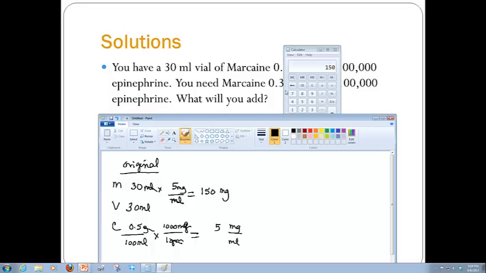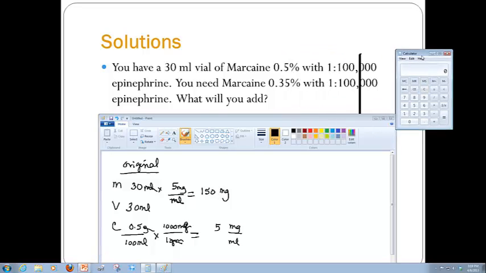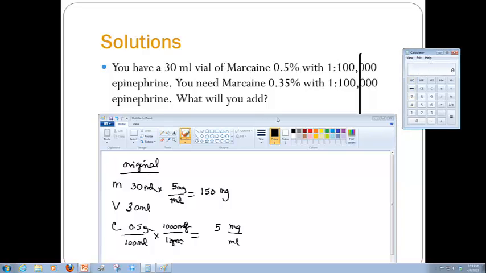Now you go up and look at what the question is asking. The question is asking, you need Marcaine 0.35% with 1 to 100,000 epinephrine. So that was what was in our original solution. What's going to be in our final solution? Again, there's going to be some mass of drug, some volume, and some concentration.